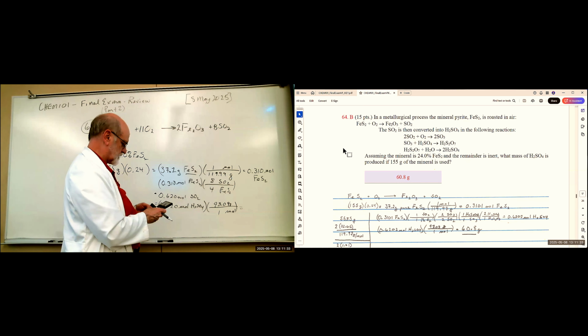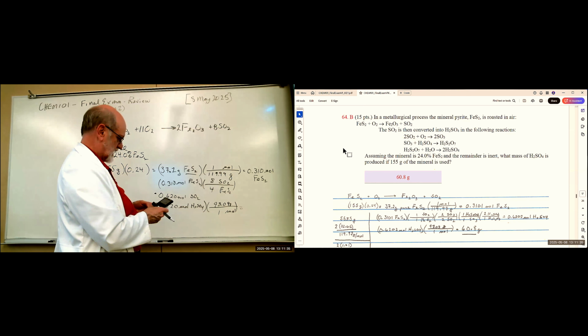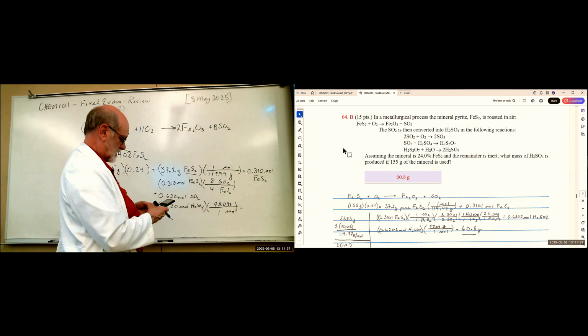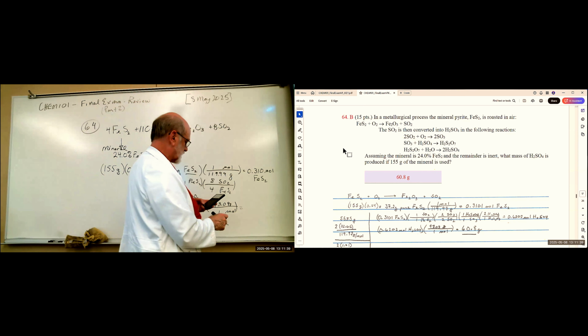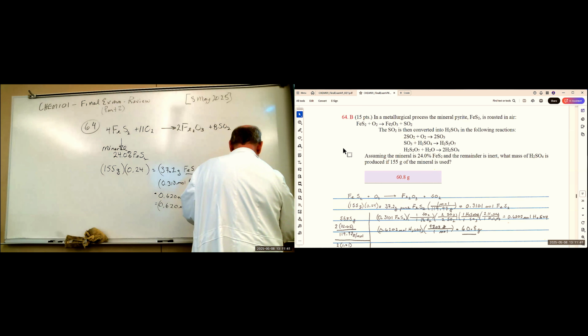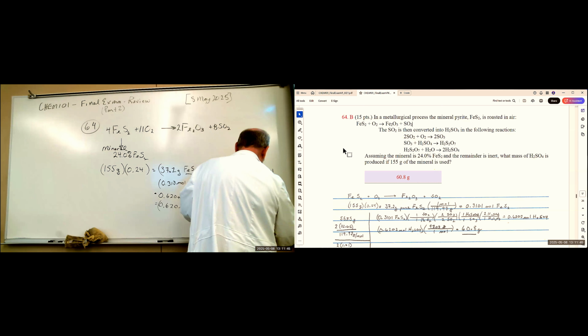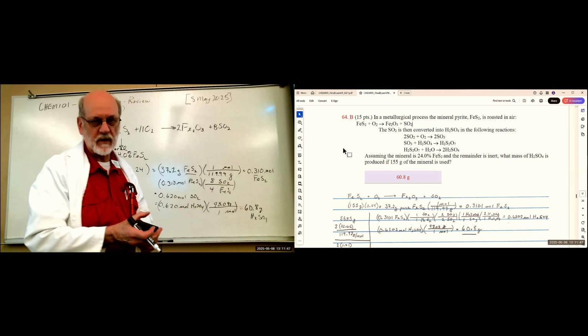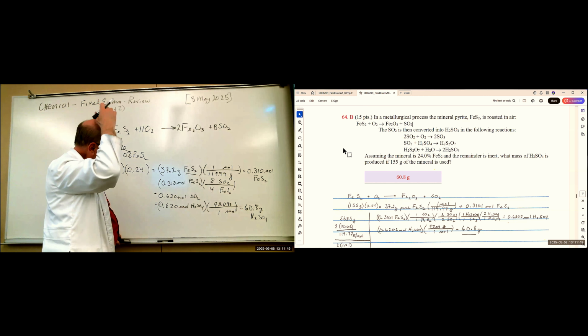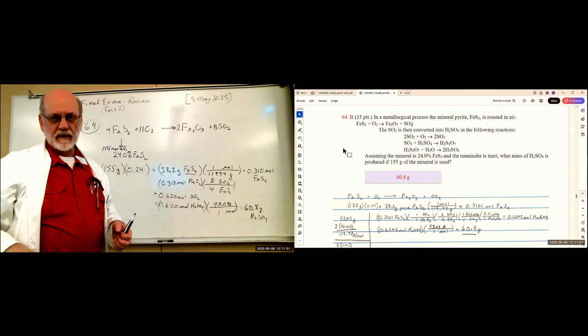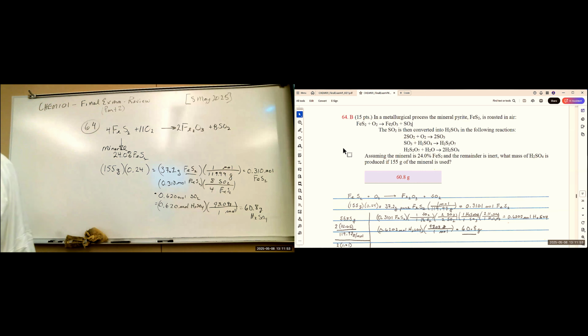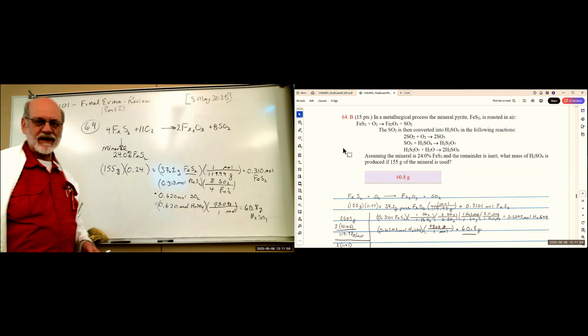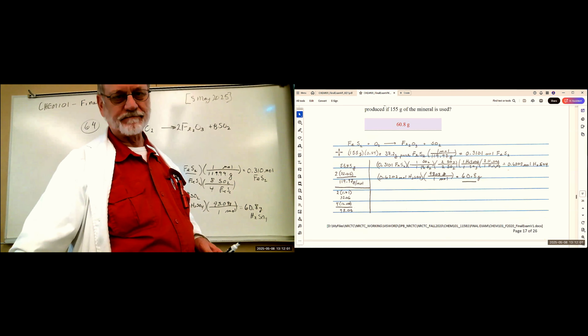Hold on a second. 0.62 and 98.09 times 0.62 is 60.8 grams of H2SO4. There we go. I forgot the first cardinal rule of stoichiometry. Balance your equation.